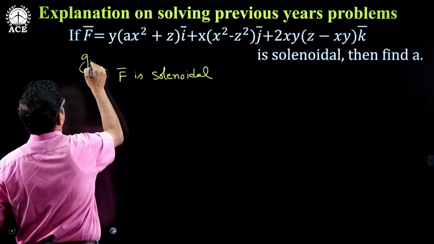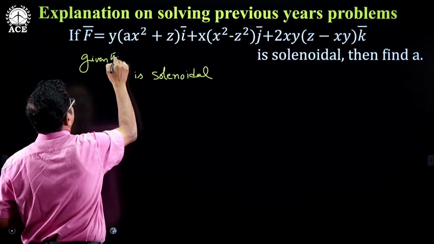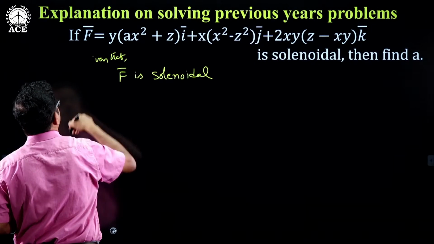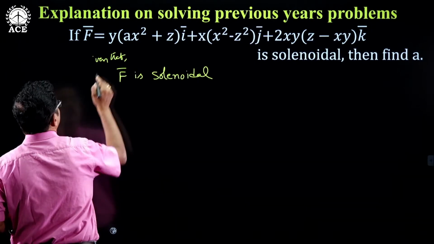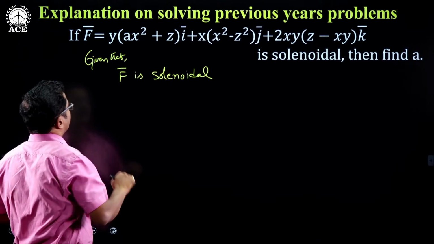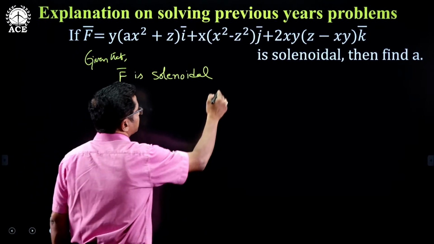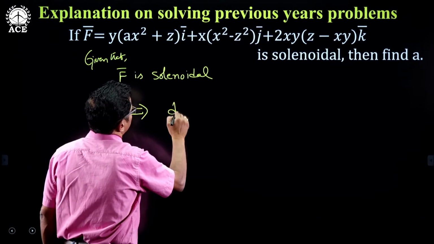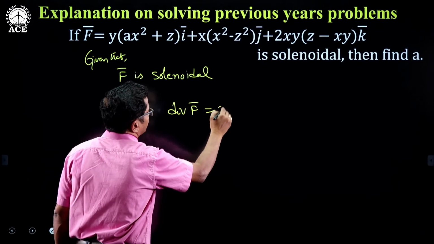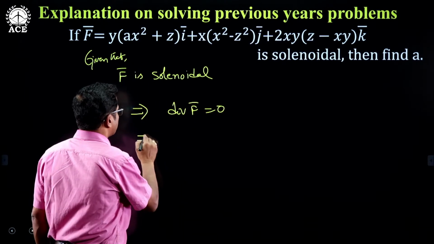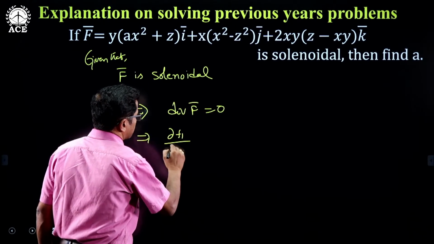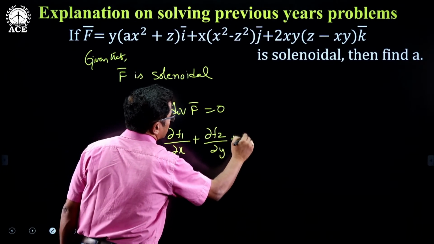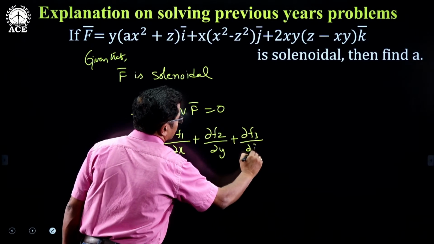Given that f bar is solenoidal, that implies divergence of f bar is 0. That implies dou f1 by dou x plus dou f2 by dou y plus dou f3 by dou z is equal to 0.